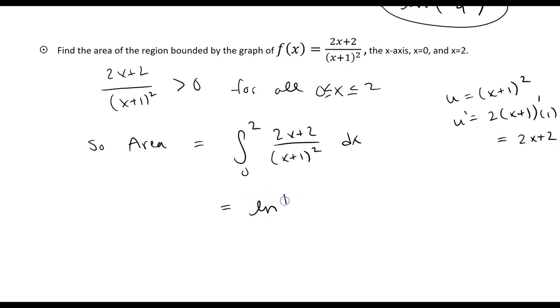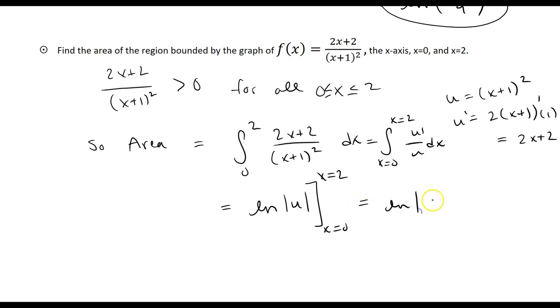So this will be the natural log of the absolute value of u, because this is the integral from x equals 0 to x equals 2 of u prime over u dx. And that's going to be from x equals 0 to x equals 2. And again, you can go ahead and change your bounds if you want to, or you can just plug in your u, which is x plus 1 squared.